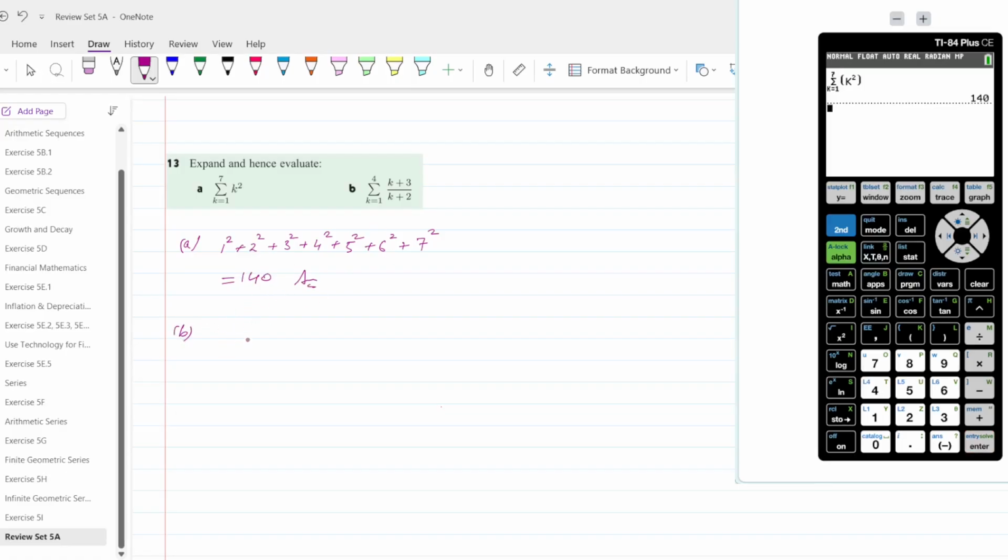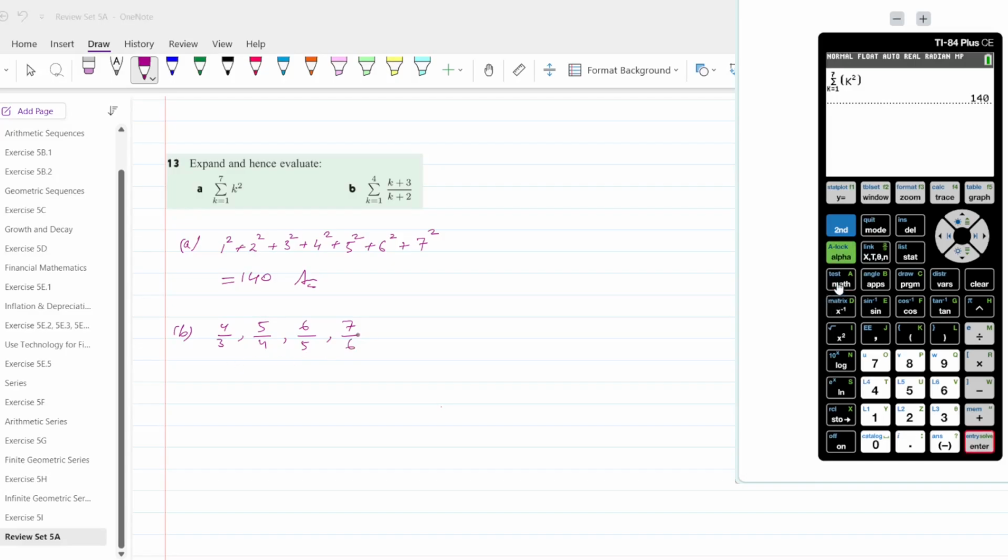B, if we expand this, this becomes, for k equals 1, this will be 1 plus 3, that is 4, and 1 plus 2 is 3. 4 divided by 3. This is going to be 5 divided by 4, 6 divided by 5, and 7 divided by 6.